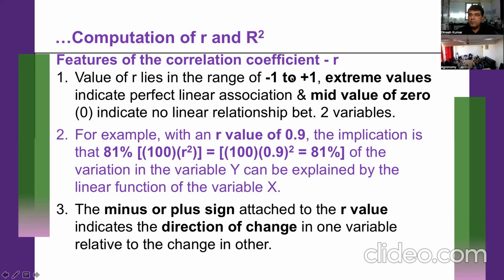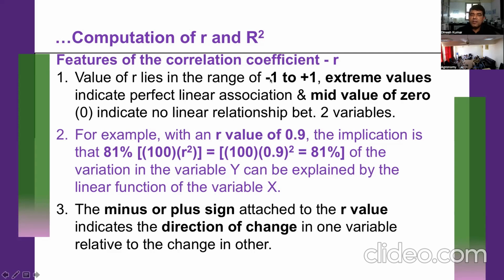So here, if you have 0, on the left side it goes towards minus, on the right side it goes towards plus. So it is irrespective of the sign. Signs are not considered actually. It is the absolute value.